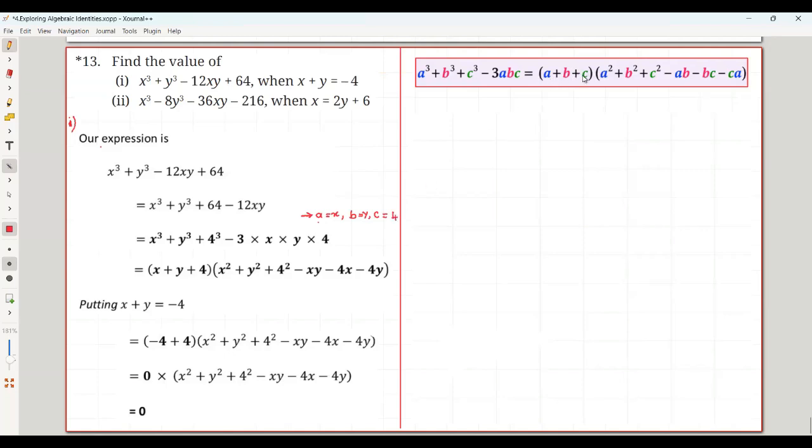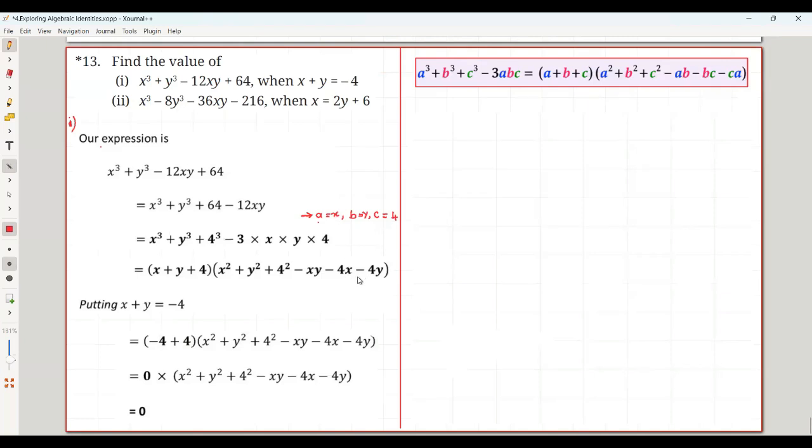Replace in the formula: a plus b plus c, that is x plus y plus 4, into x square plus y square plus c square, which is 4 square, minus ab, that is minus xy, and minus bc, that is minus 4y, and minus ca, minus c into a, 4 into x, that is minus 4x.